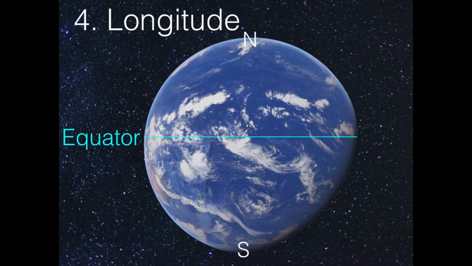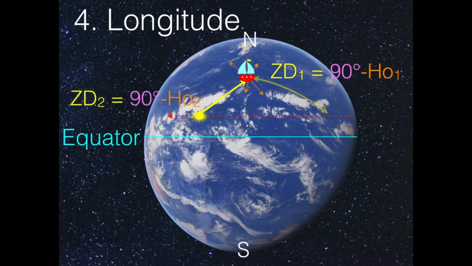So what we've done before is that we have understood that we can measure the distance between us and the sun somewhere on the earth. We can calculate the zenith distance. The zenith distance is easily found by taking 90 degrees minus the observed altitude. The sun moves along its declination, and in the afternoon you have another zenith distance, zenith distance 2, which is 90 degrees minus the second observed altitude.